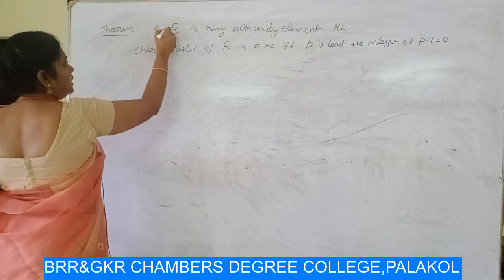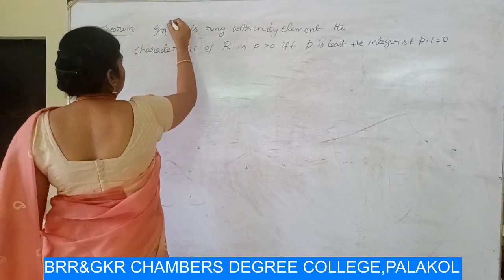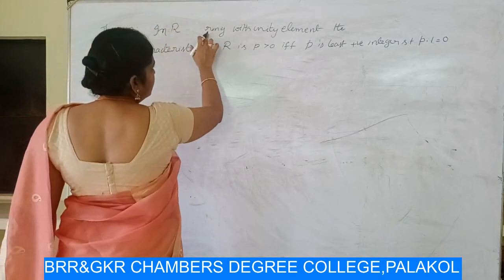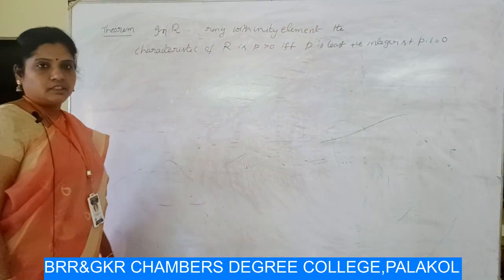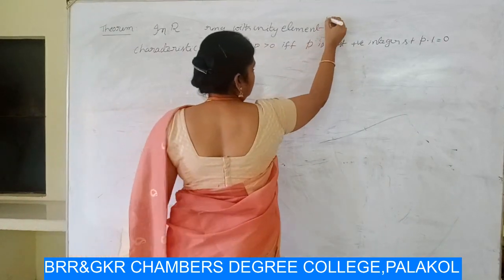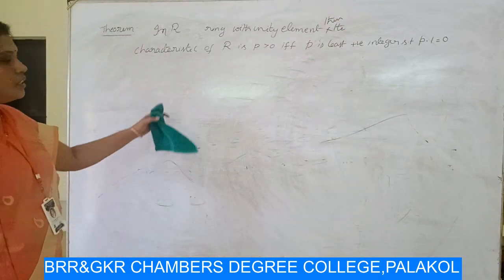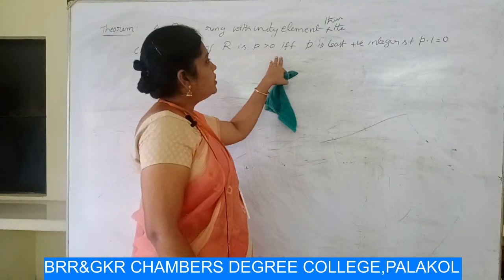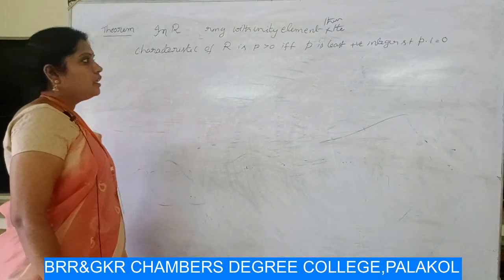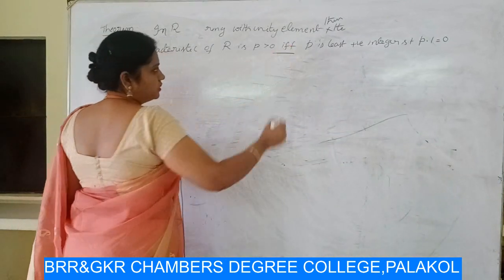If R is a ring with unity element, then the characteristic of the ring R is P greater than 0 if and only if P is the least positive integer such that P into 1 is equal to 0. Here in this statement we have an if and only if condition.